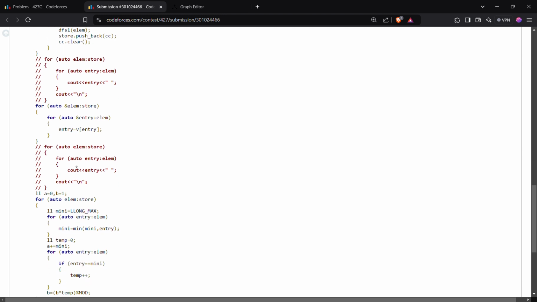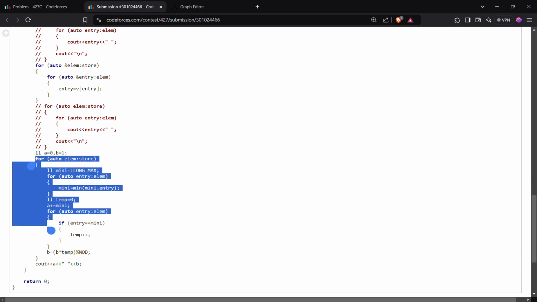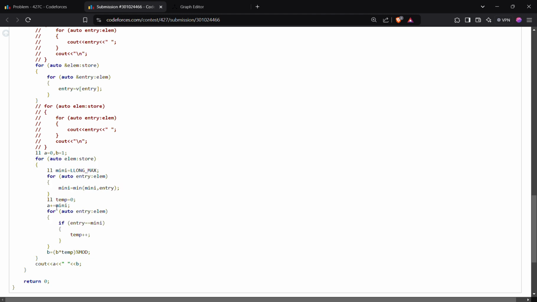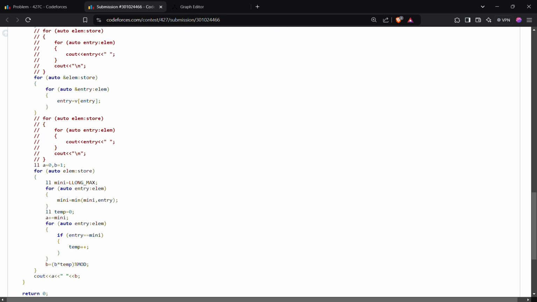Why am I doing that? You'll get to know here. I can directly add the mini in this for loop. Why mini? We want to add the minimum cost to establish a checkpost in that strongly connected component, right?